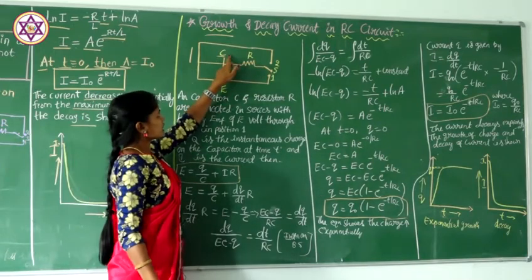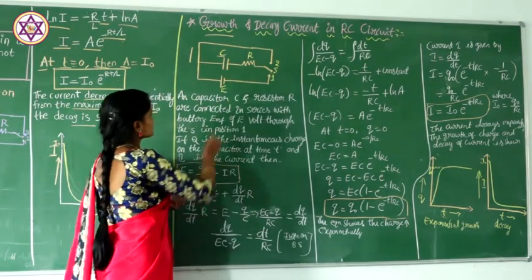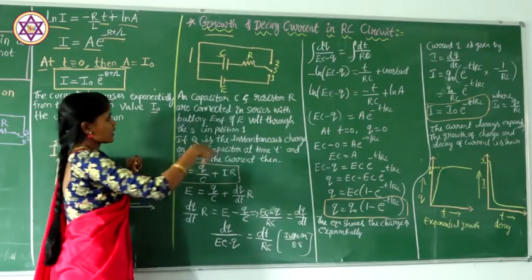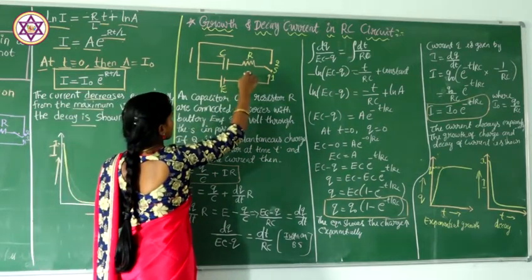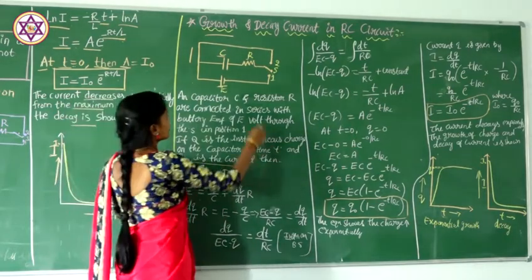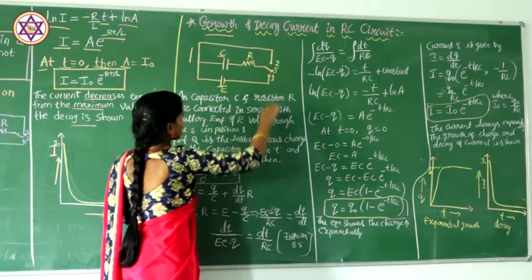Let us consider a capacitor C and a resistor R connected in series with a battery of EMF E through the switch S in position 1.